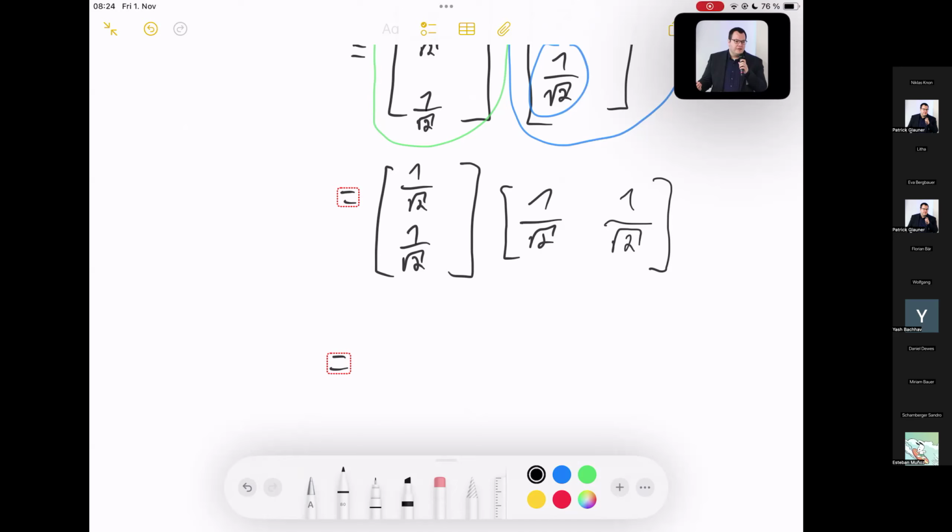So you can quickly do this, and once you have the result, send it to the chat or turn on your microphone and share this with us. Got the right answer. It's a 2 times 2 matrix, and each entry in there is a half.